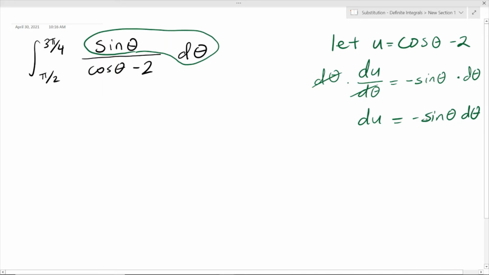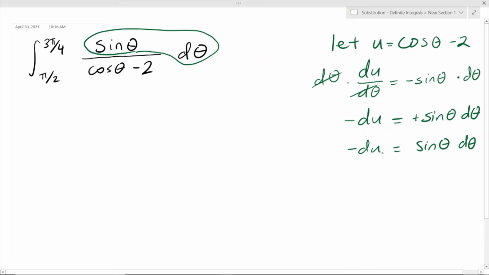Then we see that this is not matching up with the circled portion because of the negative. So we're going to multiply both sides by negative 1. This side is going to become positive and this side is going to become negative. So negative du equals sine theta d theta, because we multiplied both sides by negative 1.